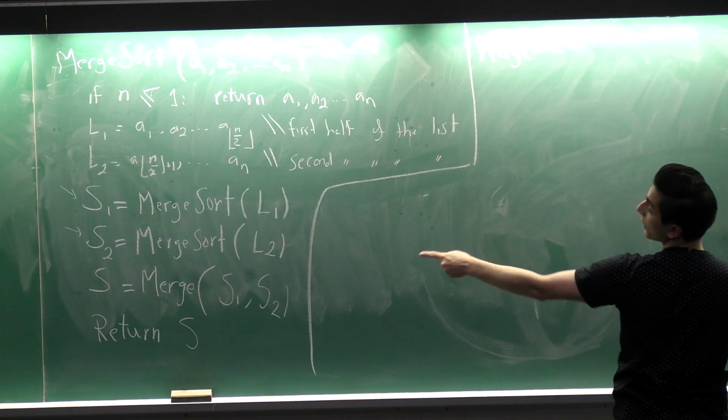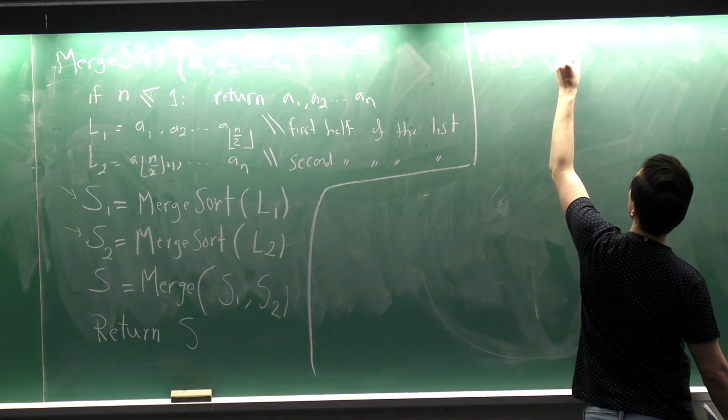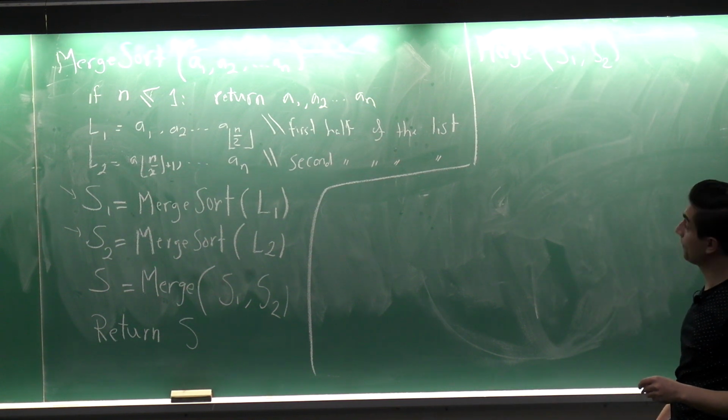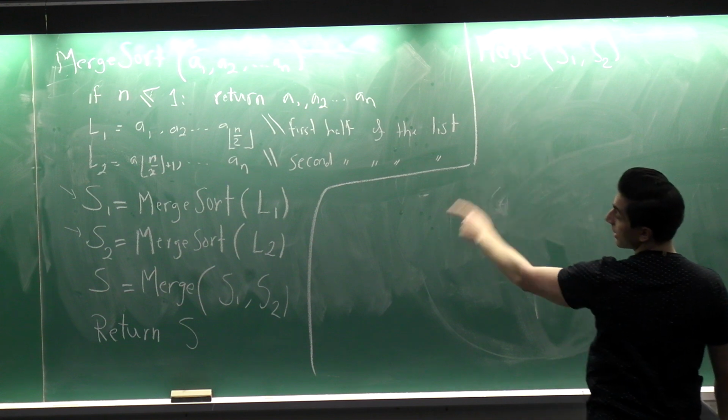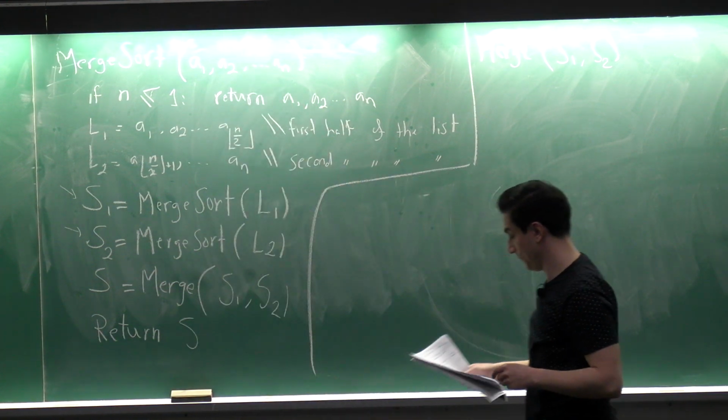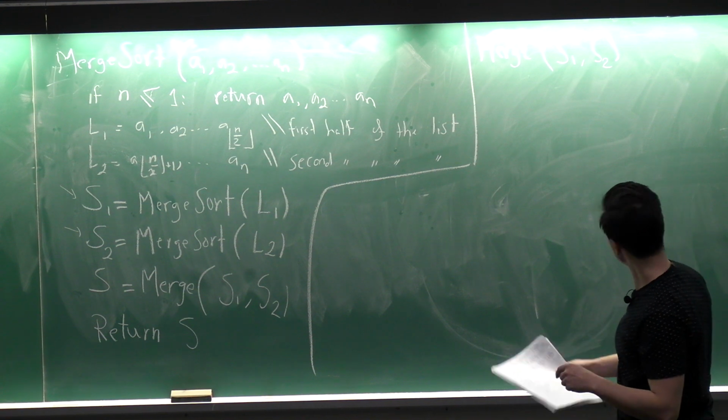The merge function will take as input two sorted lists, right? And it will return the full list of elements, which is going to be the same as this, but sorted. So what do we do? Let's do an example.